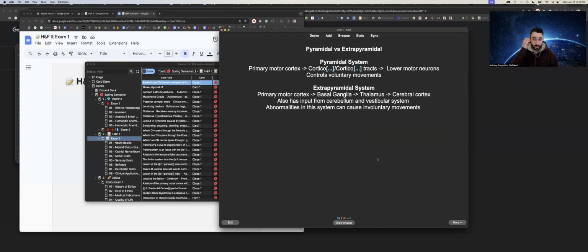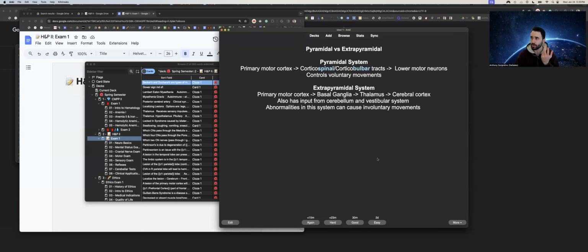Okay. Pyramidal versus extrapyramidal. So the pyramidal system, primary motor cortex, cortico blank, corticospinal and corticobulbar to the lower motor neurons. I don't love this card, but that's going to be voluntary movements.